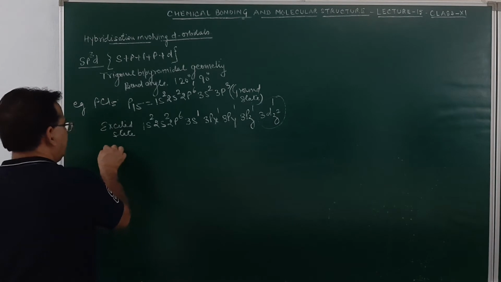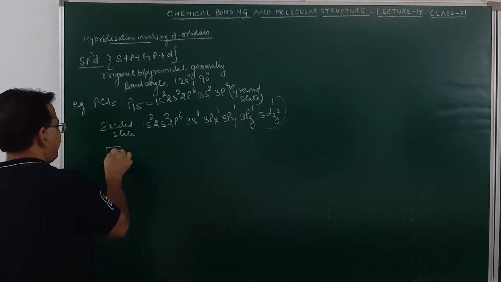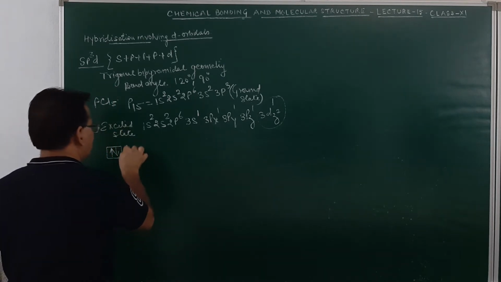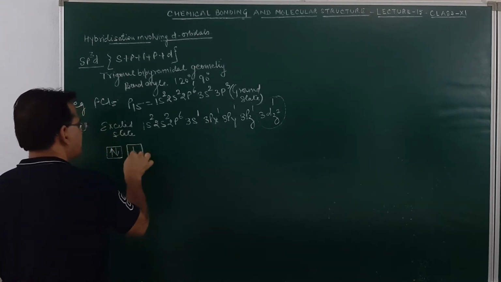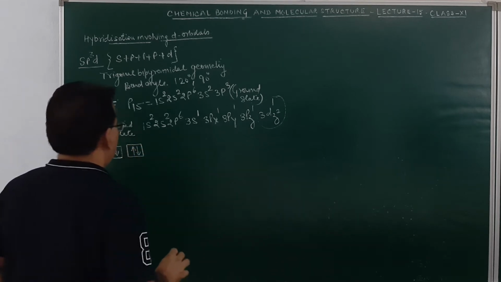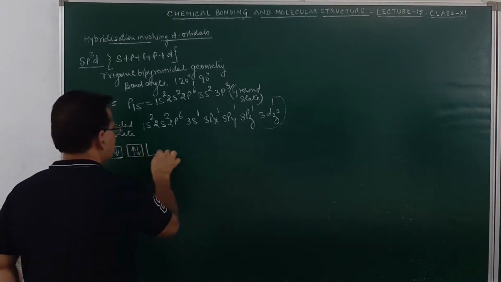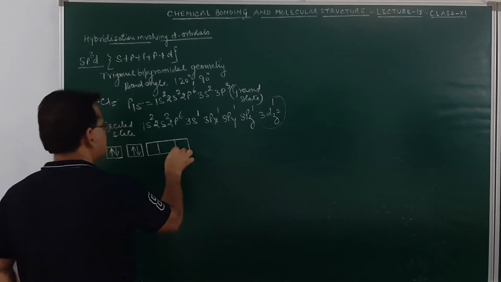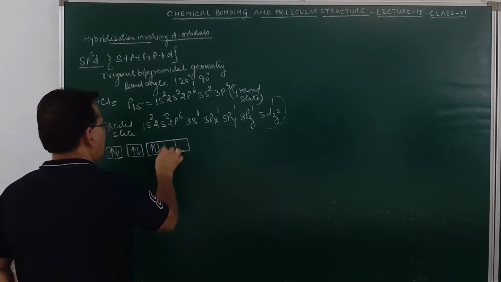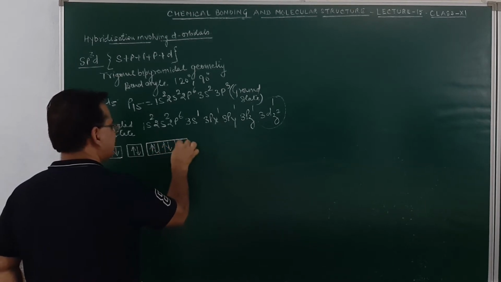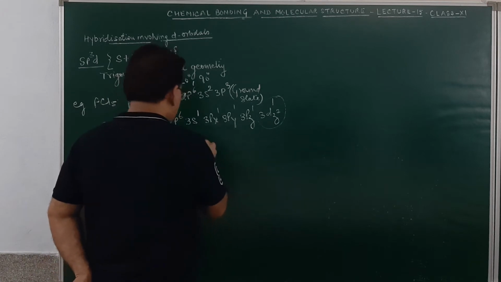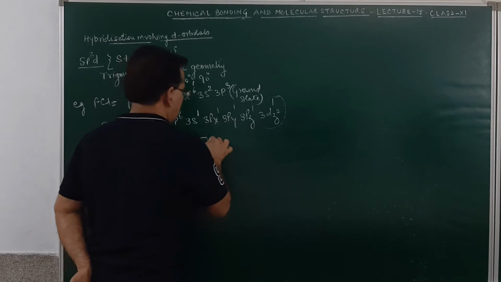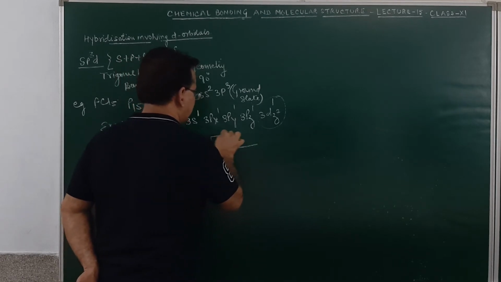So this is 1s2, then 2s2, then 2p6, then we have 3s1, 3px1, 3py1 and 3pz1.